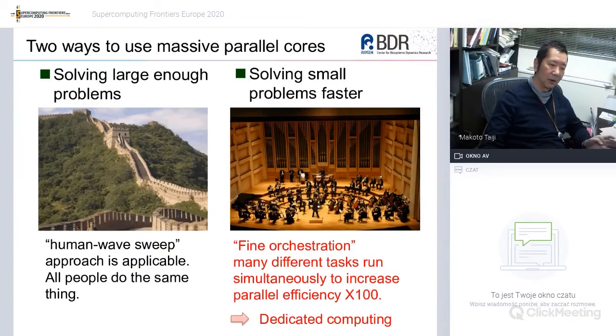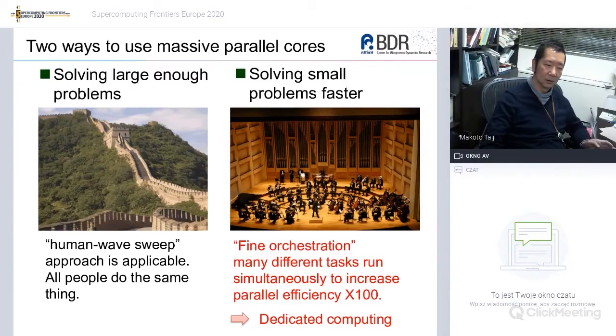If we have very high parallelism, in the case of weak scaling, this is simple. For example, if we like to build a great wall, then we can use many workers, each working in a different position to make the wall. But if we want to solve a small problem faster, in the case of strong scaling, fine orchestration is necessary.